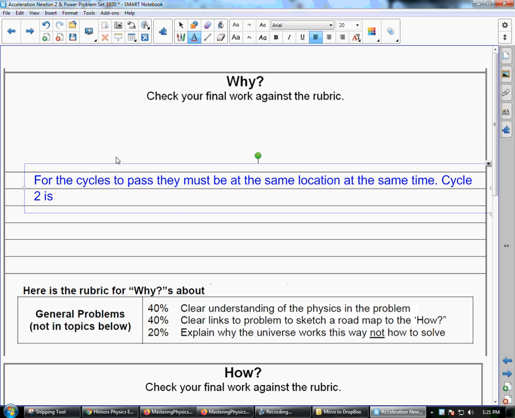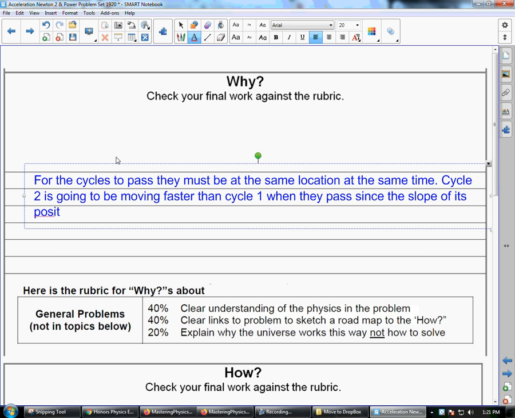Cycle 2 is going to be moving faster than cycle 1 when they pass, since the slope of its position graph is greater.